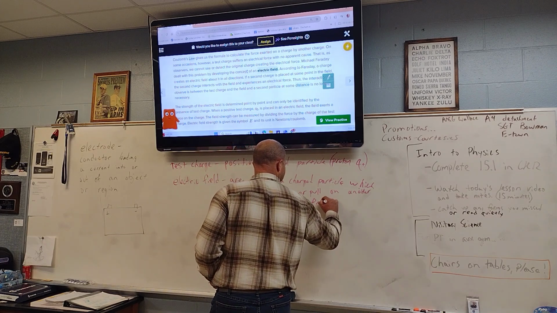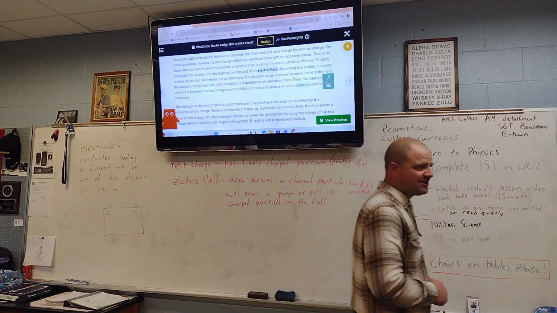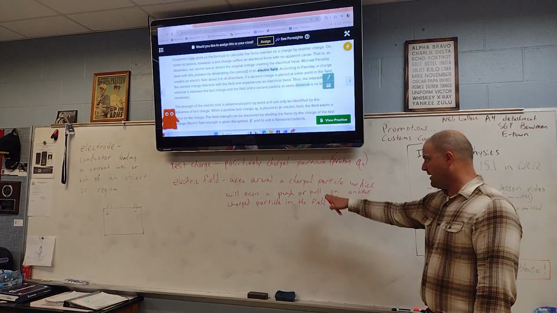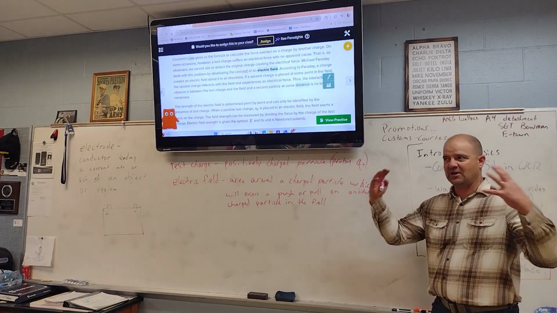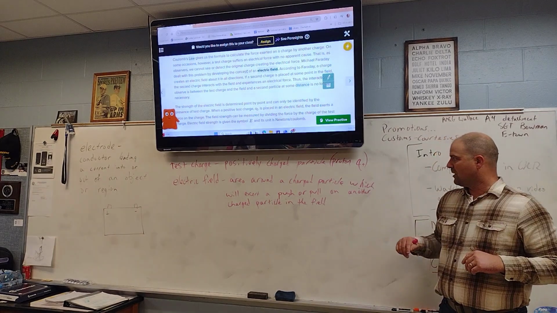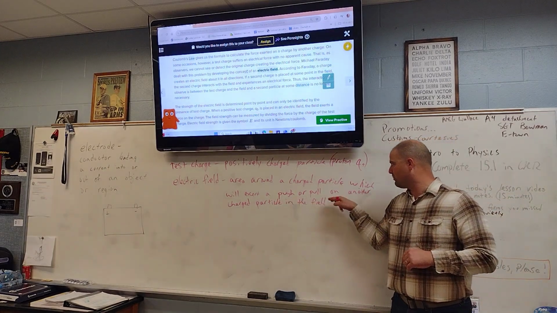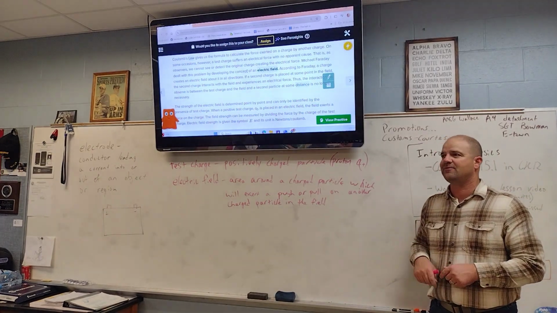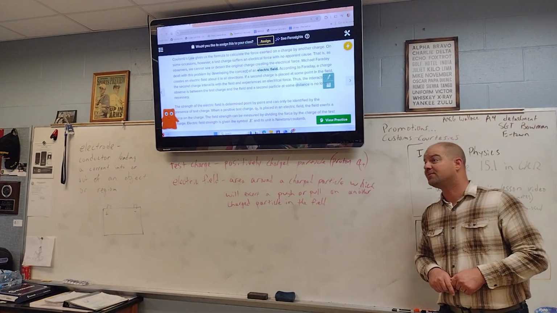Or in the field. So an electric field is generated by a charged particle, the area around it, and it will exert a push or pull on another charged particle if it gets in that area or in that field, or close enough to it.